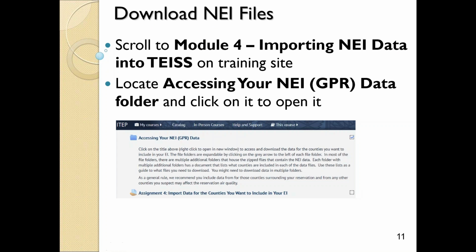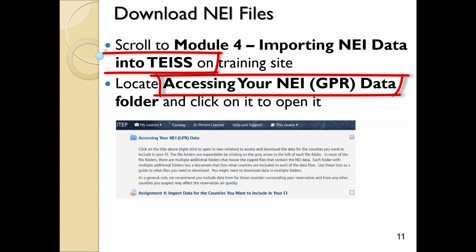So what you first need to do is download the NEI files from the EI Fundamentals training site. And where those are located is Module 4, and that module is called the Importing NEI Data into TEISS module. And there is a folder, and it's called Accessing Your NEI GPR Data.